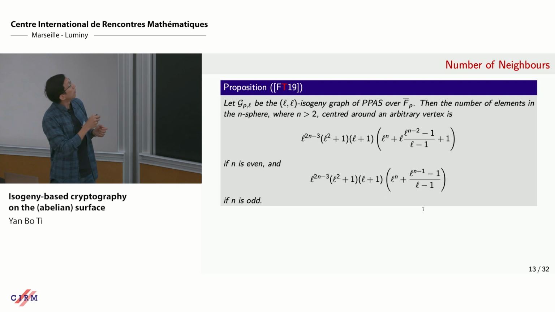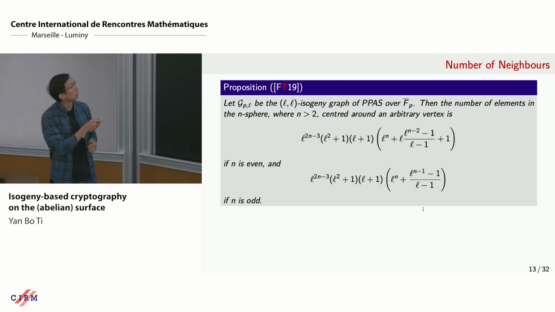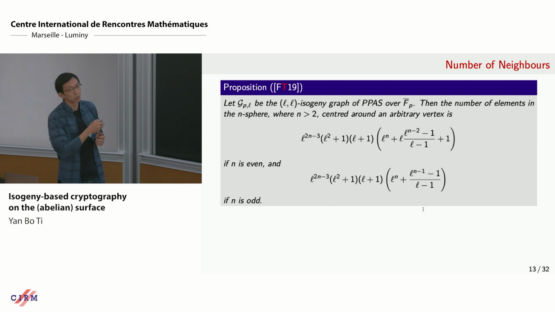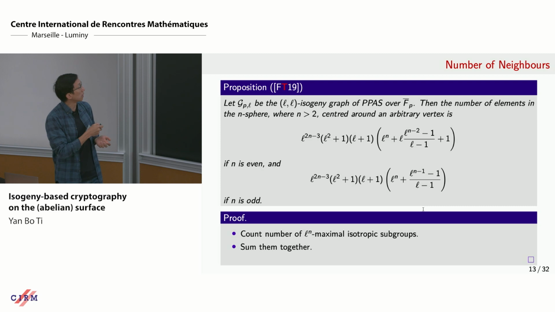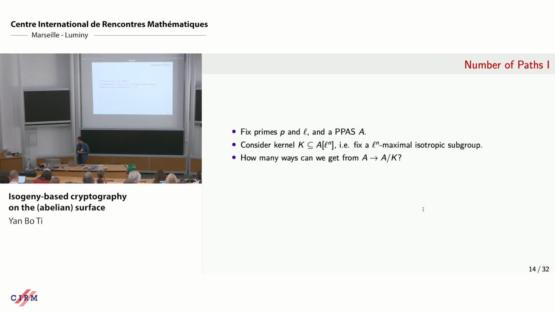So if you look at the n-sphere, where n cannot be too large such that it overwhelms the size of the isogeny graph, then you can count the number of abelian surfaces that you reach with this hash function, depending on how many steps you have taken. Again, this is just counting the number of L-maximal isotropic subgroups, and you sum them together. You get this result. It's fairly simple.